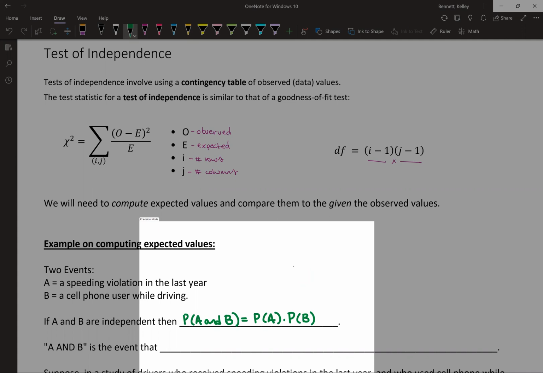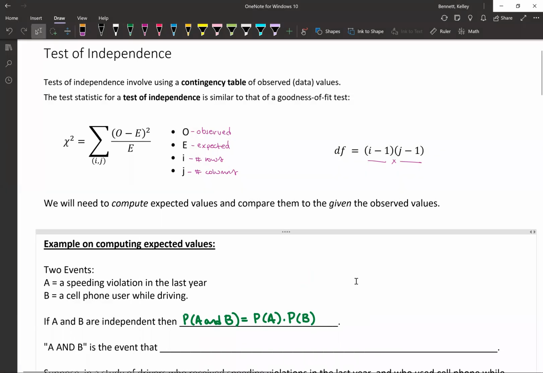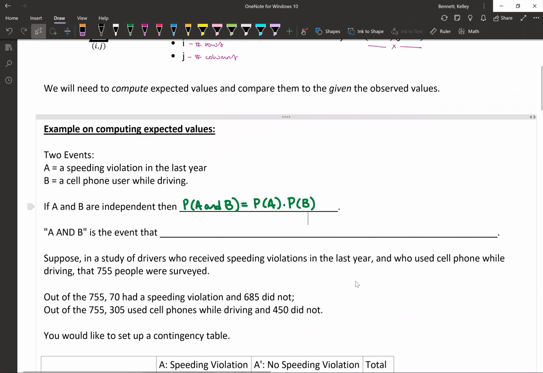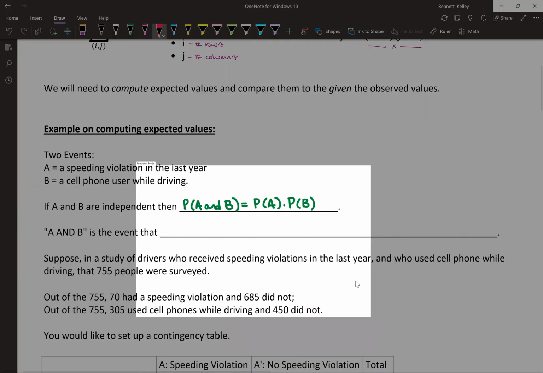This is our definition of independence from our basic probability unit. And in words, A and B, looking at our definition of events, is that a person gets a speeding violation in the last year and that they're also a cell phone user while they drive.